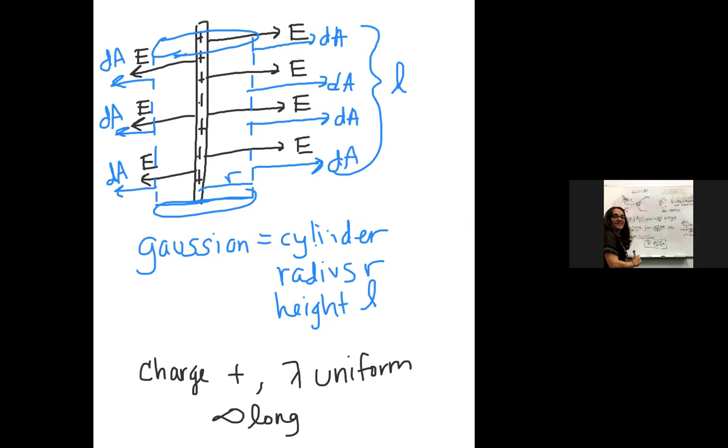Because I want to know what my electric field is at some point r. I place the Gaussian at r, at the point of interest. That's where I place it. So I clearly want to know the electric field at that point, at anywhere, at some r.